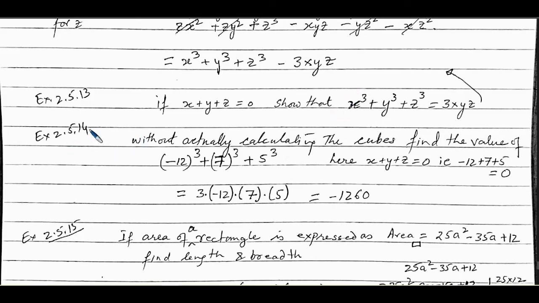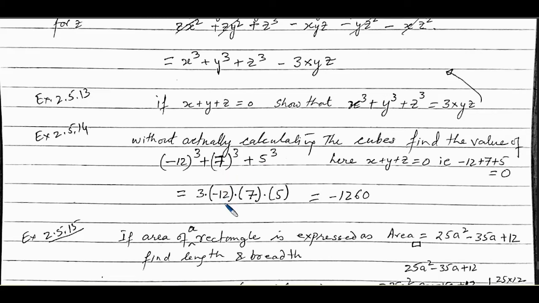Now exercise 2.5.14. It says without actually calculating the cubes. You don't calculate all the cubes here. Find the value of this. So I know this formula. x cube plus y cube plus z cube is equal to 3 x y z. x is equal to minus 12, y is 7, z is 5.